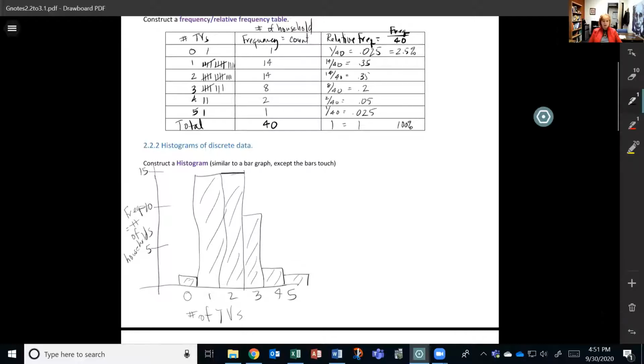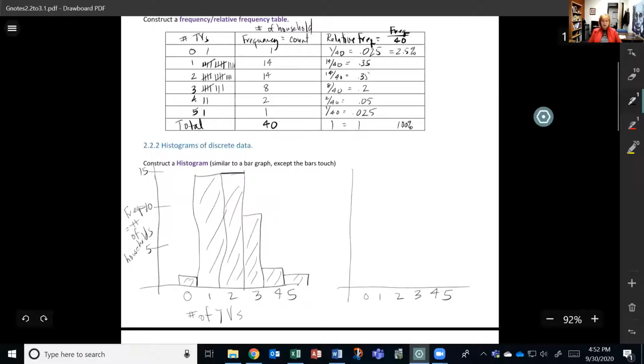So this is a graph of the distribution of the number of TVs in these 40 households. In addition, just like with the bar graph, we can also have a relative frequency histogram. So I'm going to come over here and do the same thing. I'm going to have 0, 1, 2, 3, 4, 5.